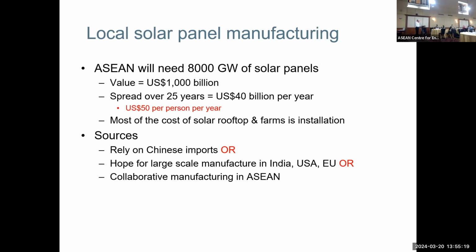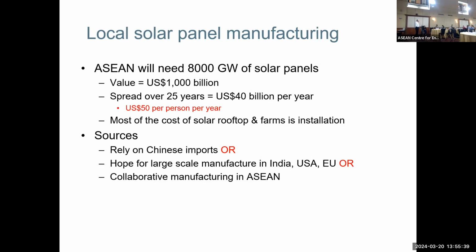So ASEAN, at a rough estimate, will need about 8 terawatts of solar, 8,000 gigawatts. And the price of solar is falling so fast that that will probably only cost $1 trillion for all of ASEAN.